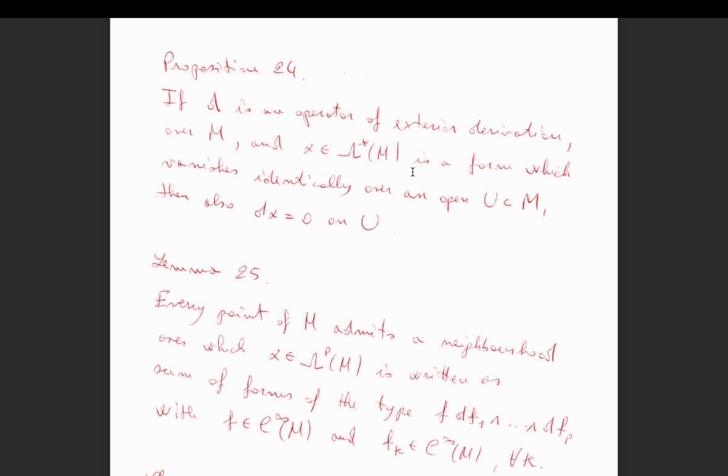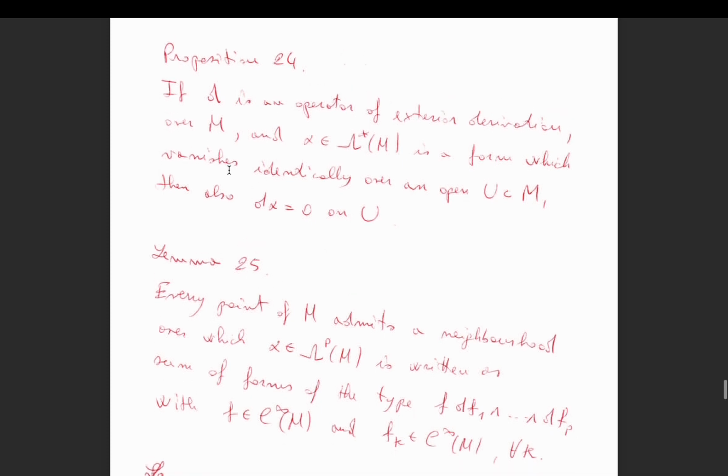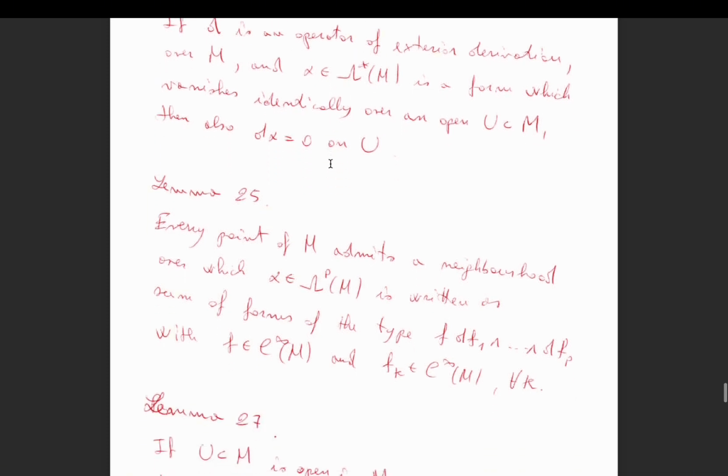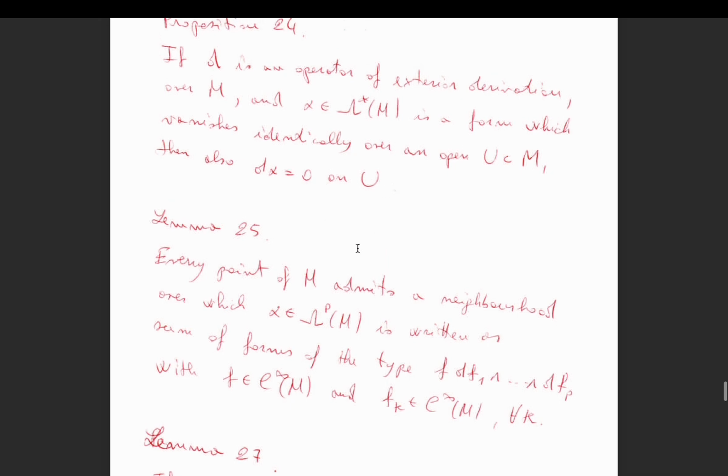Furthermore, in each point p of the manifold M, there exists an open neighborhood U of p such that each form alpha can be written in this neighborhood as a sum of forms of the type f df1 ... dfp, where f, f1, ..., fp are C infinity functions defined over M.